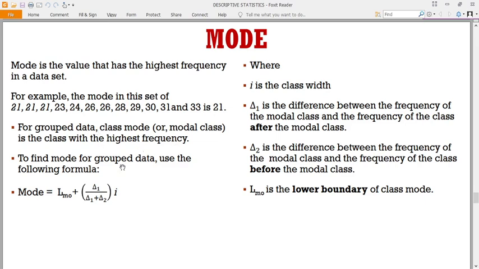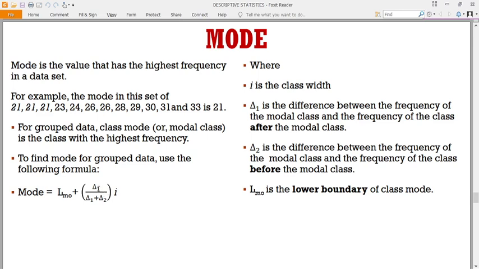Then for grouped data, we are going to use a formula, and we shall consider the class with the highest frequency. So this is the formula. This is the lower class boundary of the class with the highest frequency. Then i is still the class width.